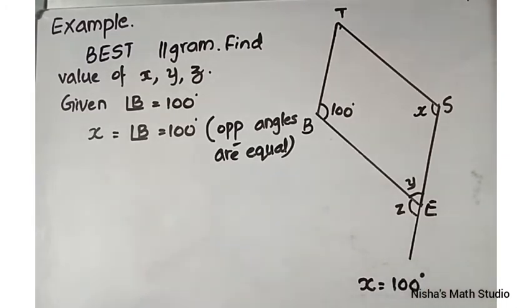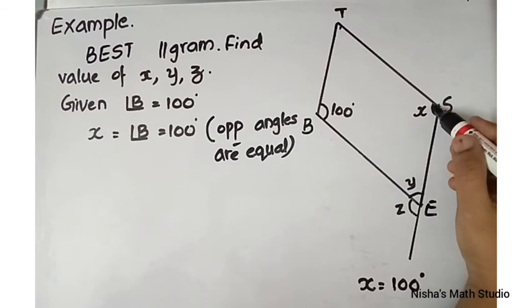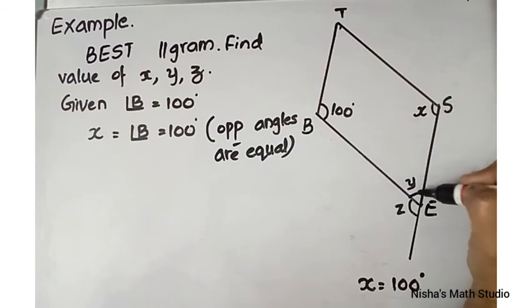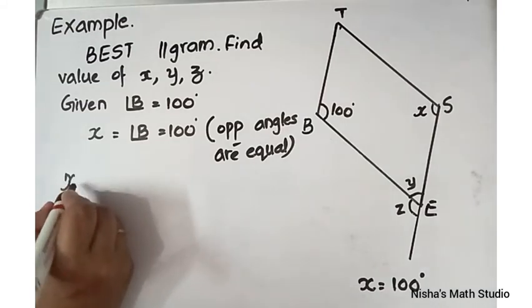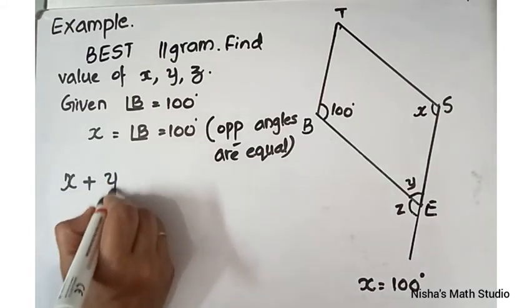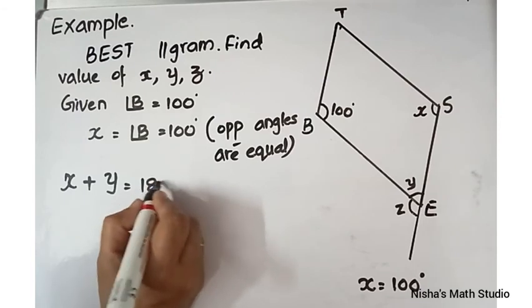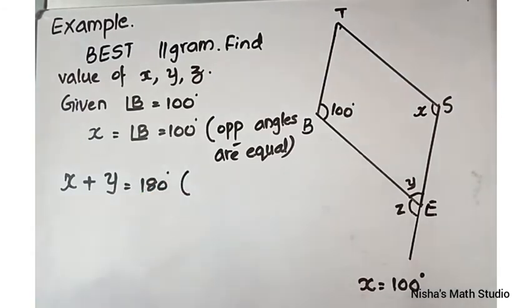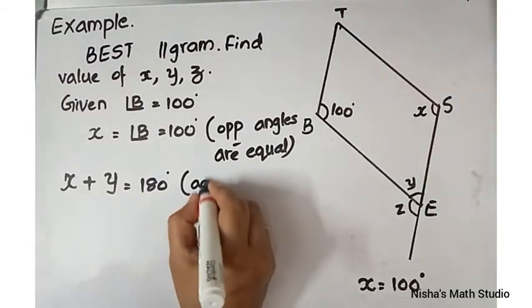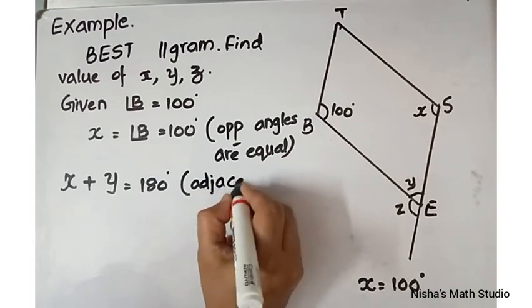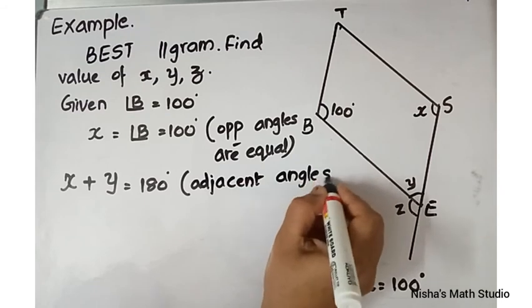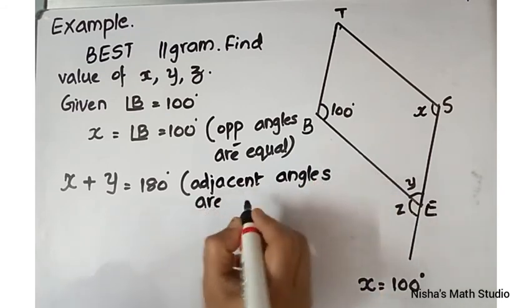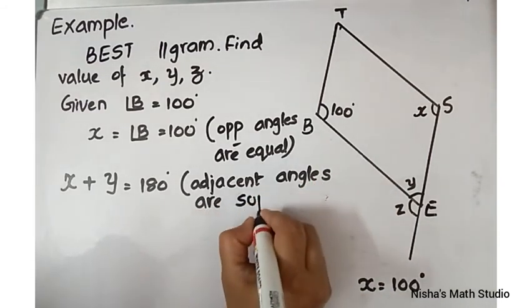X is 100 degrees. Now I know that adjacent angles are supplementary. So X plus Y should give you 180 degrees. Which property are we using here? Adjacent angles are supplementary.